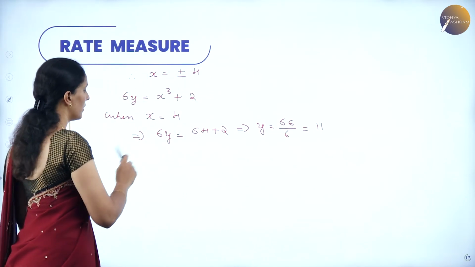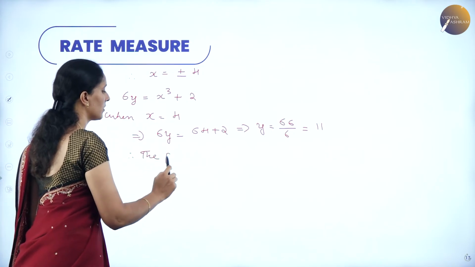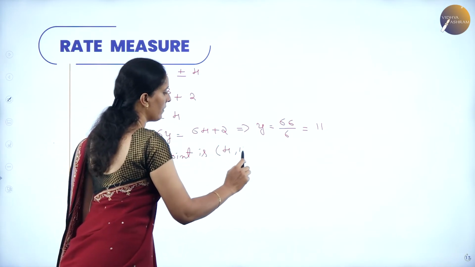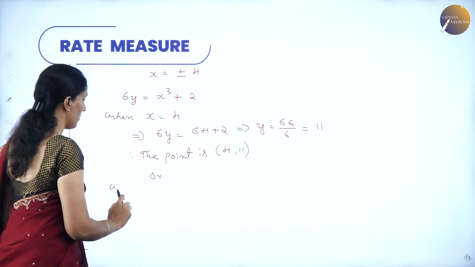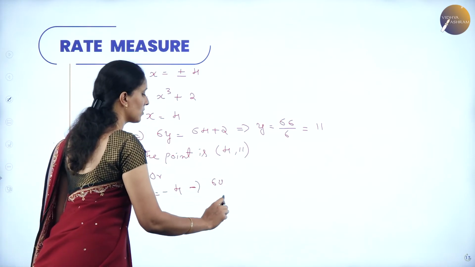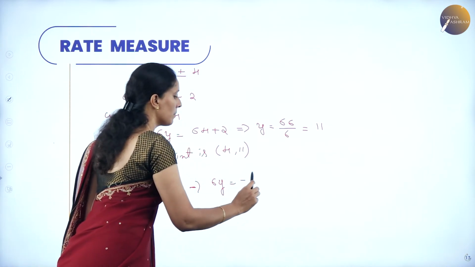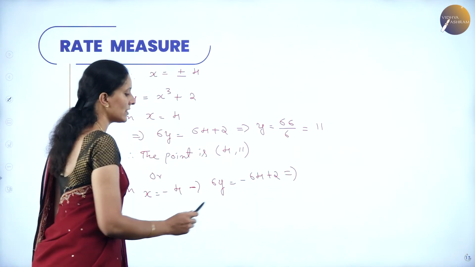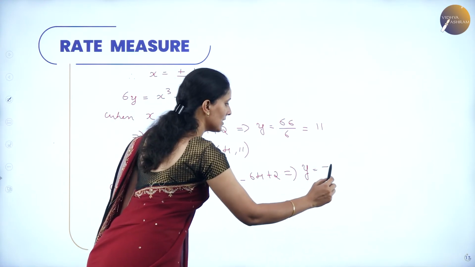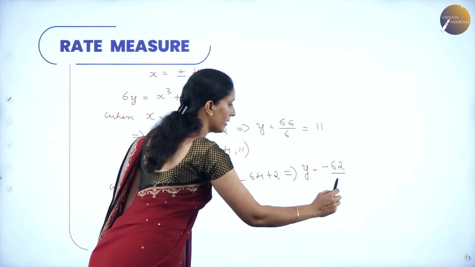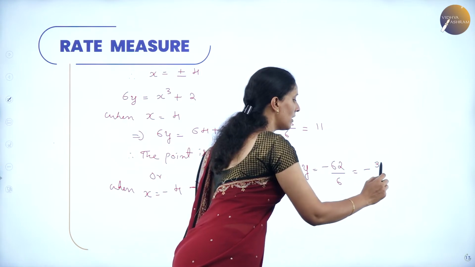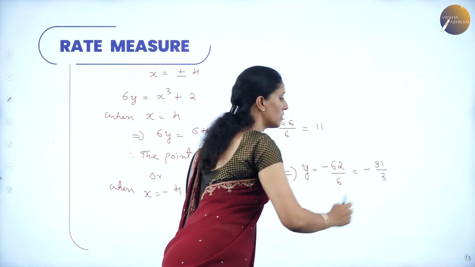So now, therefore, the point is 4, 11. Or when x is equal to minus 4, what happens? 6y is equal to minus 4 cube, which is minus 64, plus 2. So this implies y is equal to minus 62 divided by 6. When you divide it, it becomes minus 31 by 3.